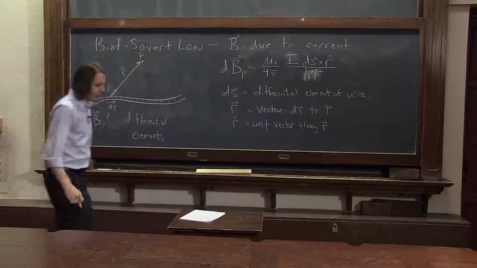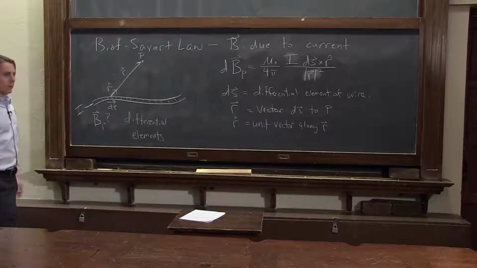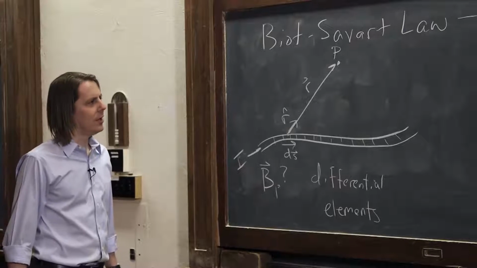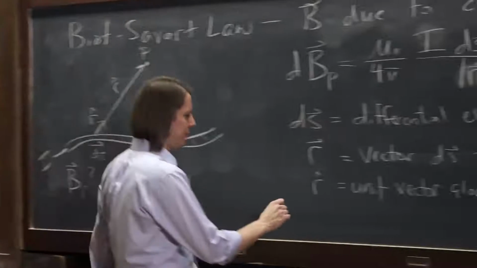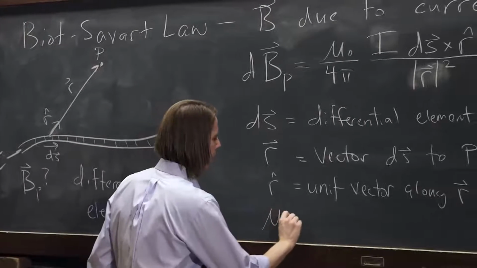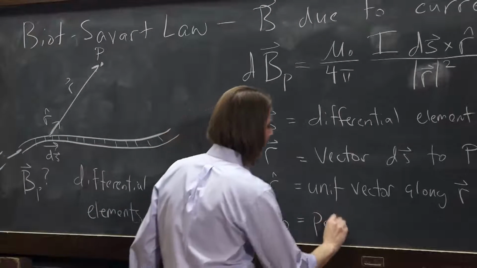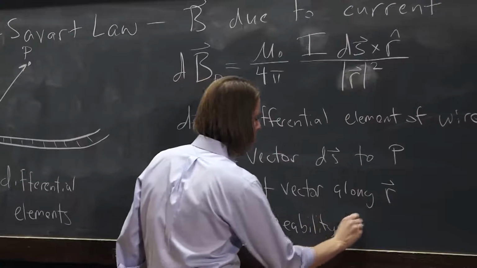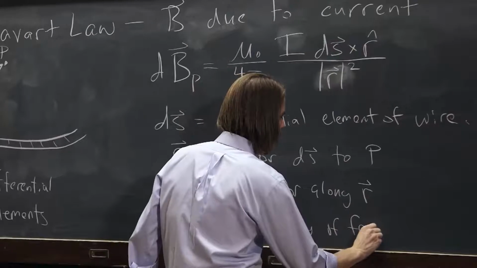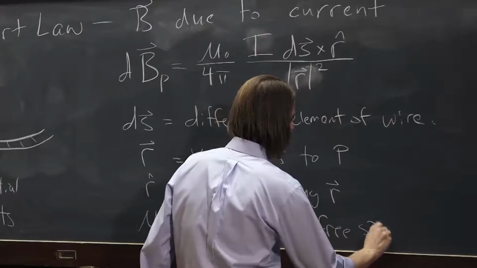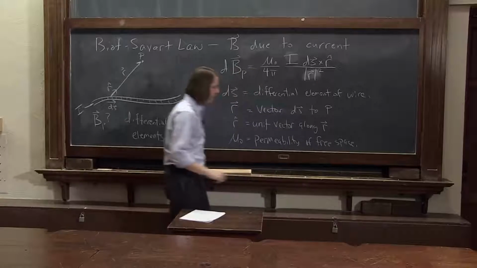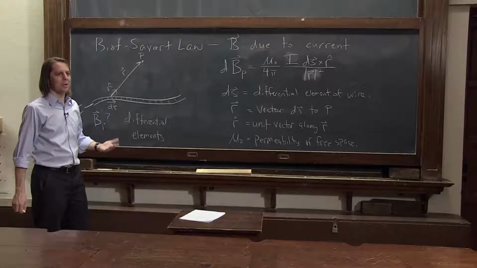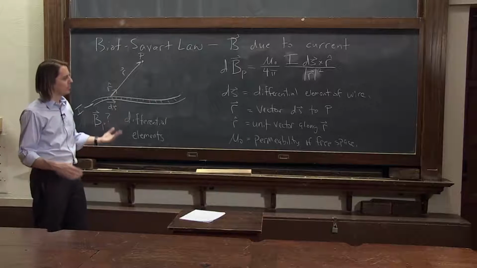And let's see, 4 is the fourth integer, and pi, you know what pi is, and mu naught, that's the one that is left. Mu naught is the permeability of free space. It's a lot like epsilon naught for the electric field, the permittivity of free space. How much electric field do you get for some charge?